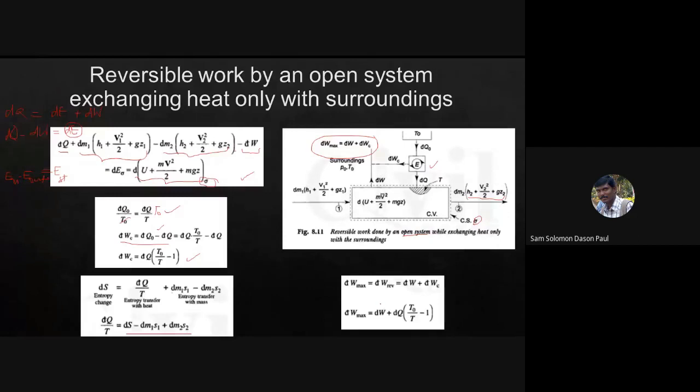So dW, we don't have a specific term, so we retain it as such, and dWc, we have written as dQ into T naught by T minus 1. Okay, I hope this is clear to you, at least the steps which I have explained. If you have doubts, you can stop me and ask me. So this is your dW max.